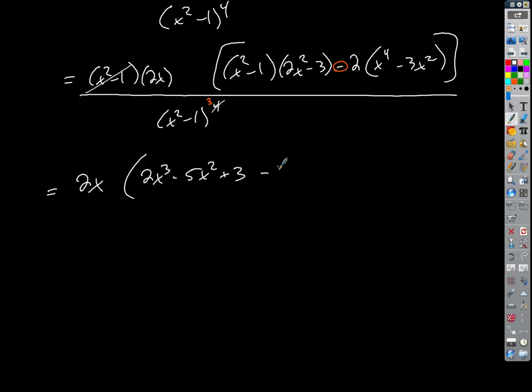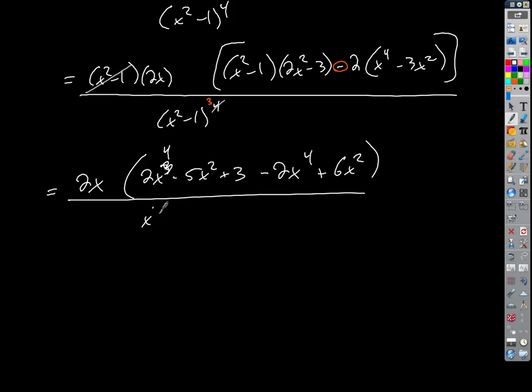Oh, that's a 4. There we go. Then minus 2x to the fourth, that's good, plus 6x squared, all divided by x squared minus 1 cubed.